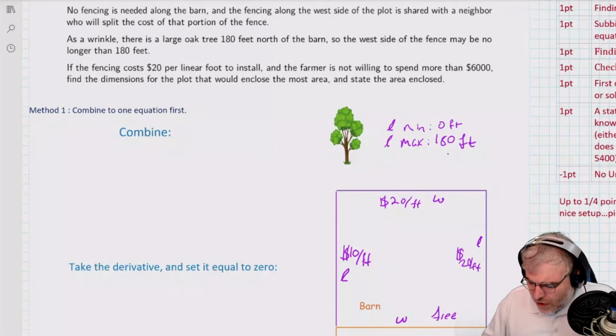And there's this large oak tree out here. That means that this side of the fence cannot be longer than 180 feet. Sort of a limitation here.